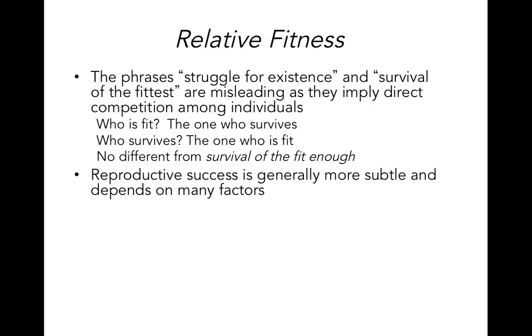That is not Darwin's term. However, a lot of people think this is what natural selection is all about: survival of the fittest. But it's kind of a circular argument. What does it mean to be fit? Fitness is really a measure of who survives and reproduces.